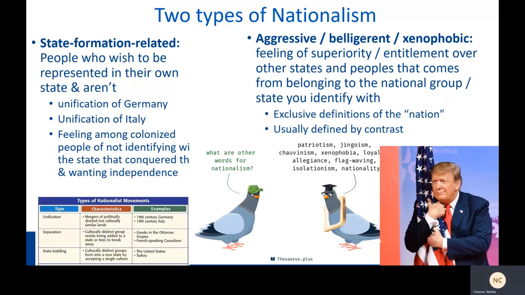So America can be discussed as a wonderful place because of its values and because of its Enlightenment heritage. But when nationalists discuss America, it's usually in contrast to the people they feel like do not belong. So negative depictions of immigrants, negative depictions of people from other countries, even negative depictions of people from different races within the state.